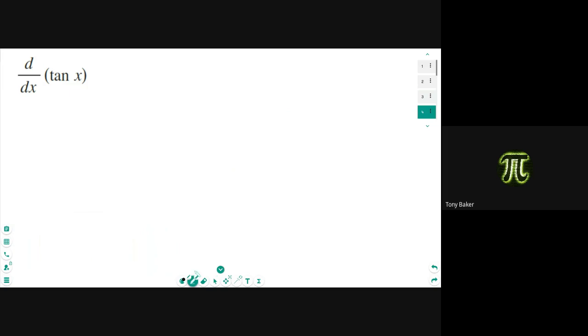So we only know sine and cosine now, right? So what is tangent in terms of sine and cosine? Sine over cosine. Yeah. Sine of x over cosine of x. So you can't just take the derivative of the top and the bottom. We have a quotient, right? So you have to use the quotient rule that we talked about last Thursday.